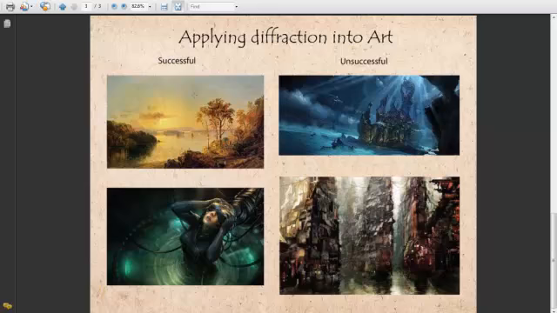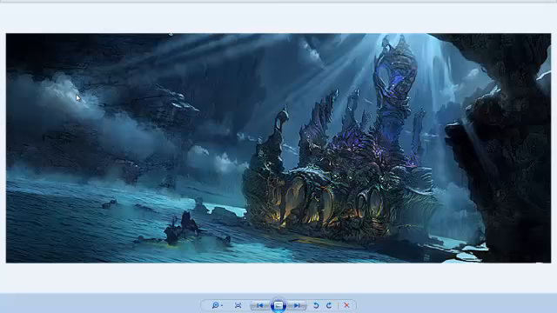So here are some pictures of some successful ones and unsuccessful ones. It's kind of small to see, but let's begin with this one. In this picture, as you can see, it looks fake, because the water comes right through.